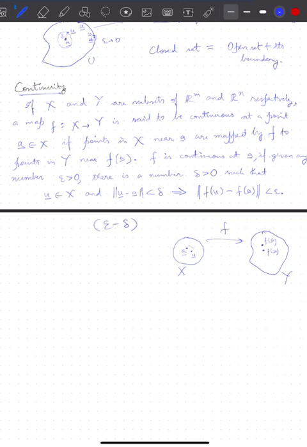If the distance between the points in X is delta, then the distance between their images must be epsilon, and it should be such that epsilon is equal to some finite number times delta. That's how the relation goes, and only then we call it continuous.